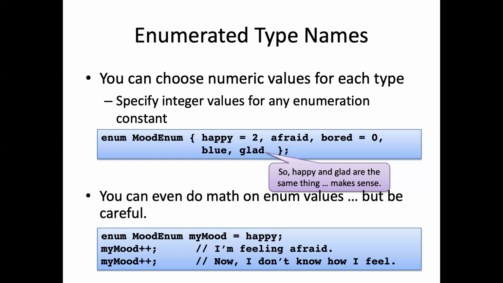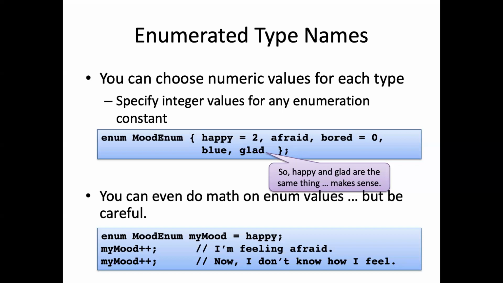Bored, I set that to 0, so bored is going to be 0. Blue for sad, I guess, is going to be represented by 1, again counting up from the 0 I just said. Glad is going to be represented by 2, and this kind of shows that the enumerated values don't have to map to unique integers. Here, happy and glad are both going to be different names for 2 when you're using this enumerated type.